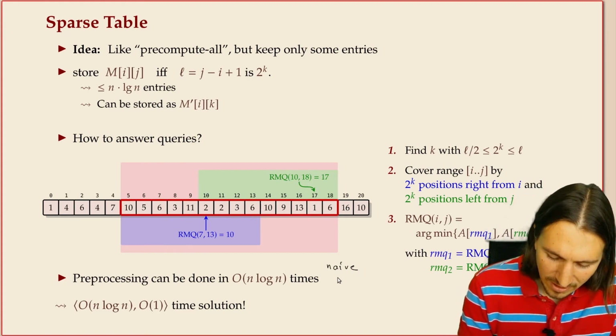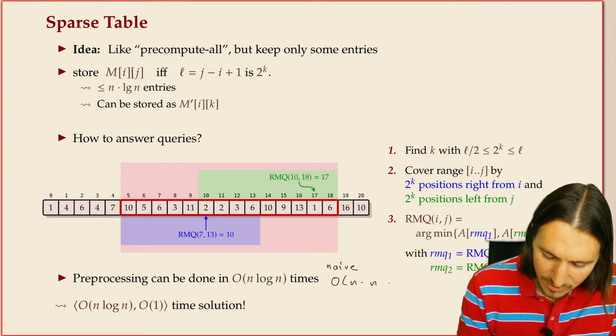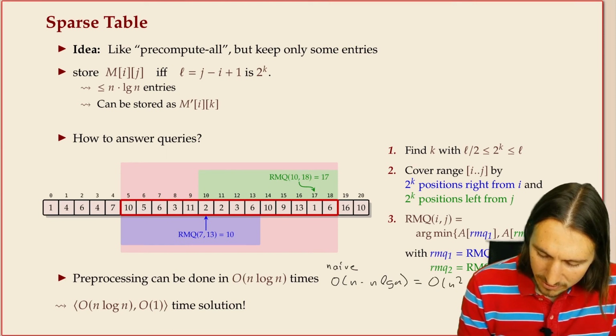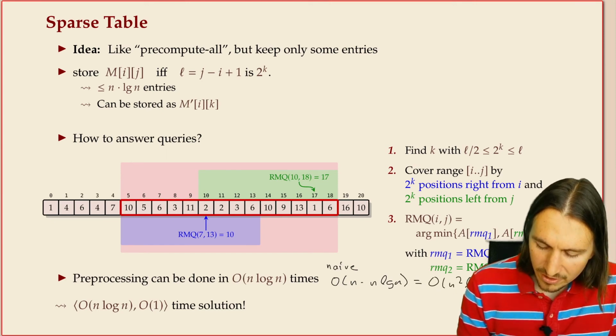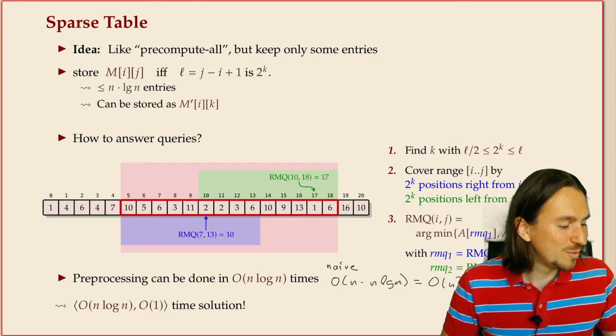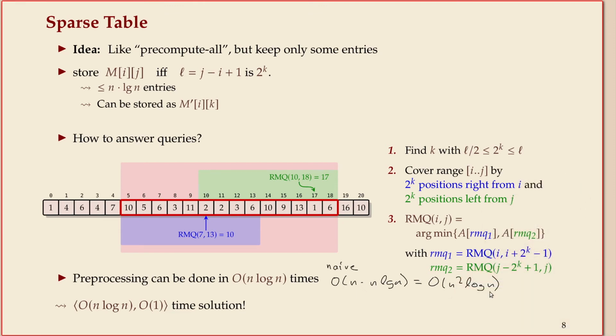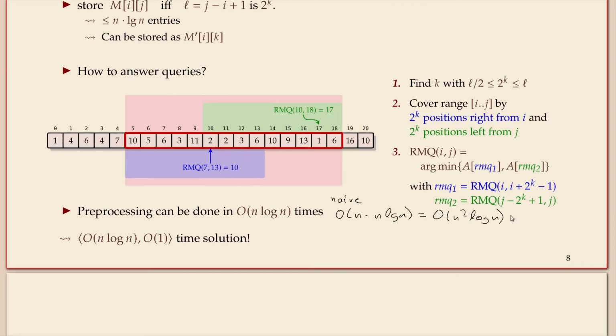So if we would just find the minimum in each step, we would have n times the size of the table. And that's still quadratic and actually a bit more. It's not as bad as the cubic that we've had before, but it's also not quite what we want.